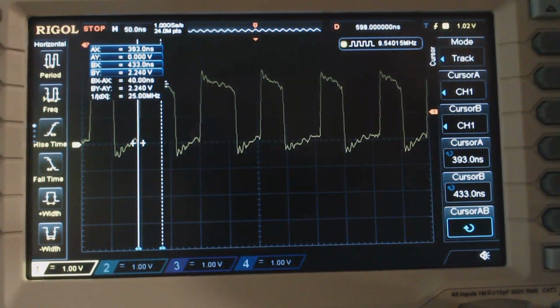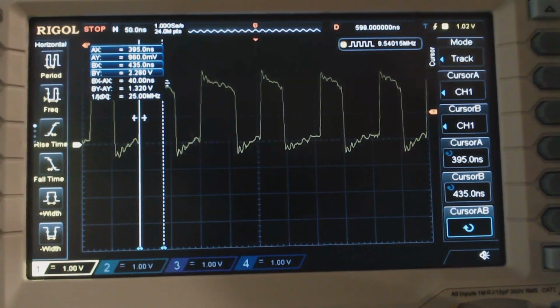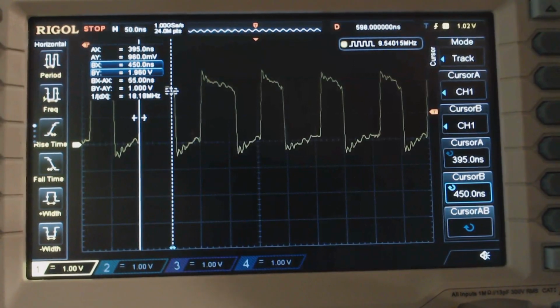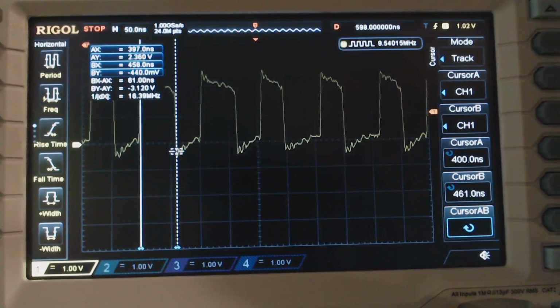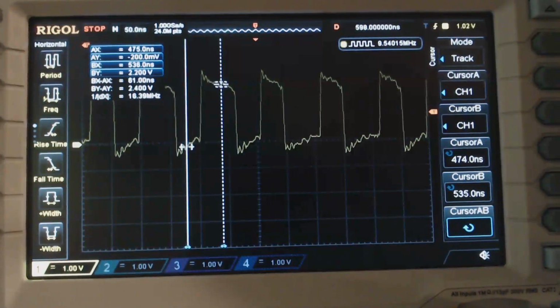Now for the wider pulse, about 61 nanoseconds, which comes from an 8 MHz signal.